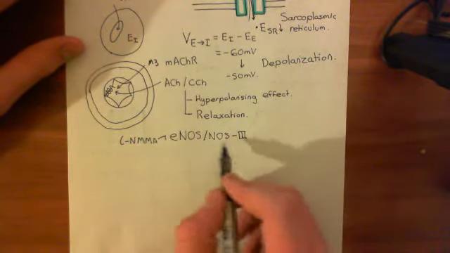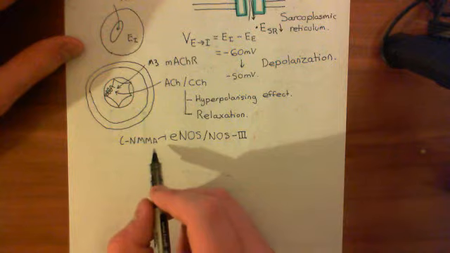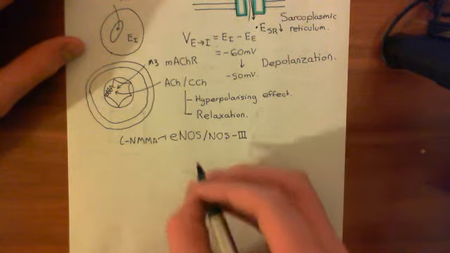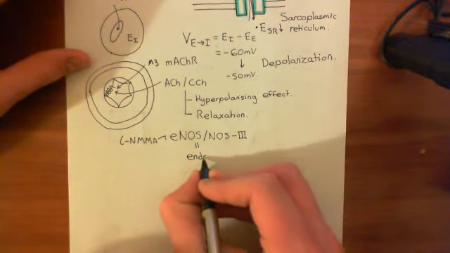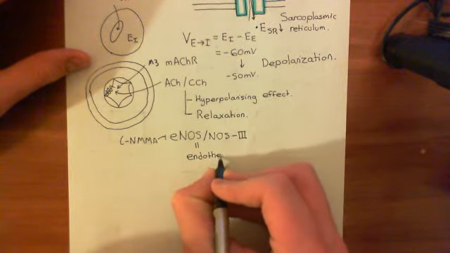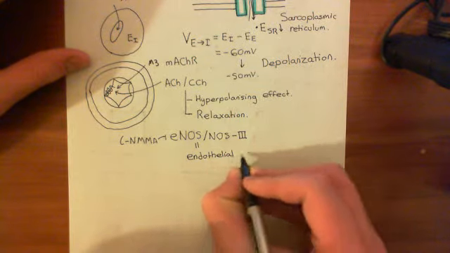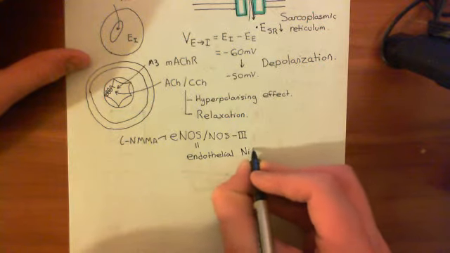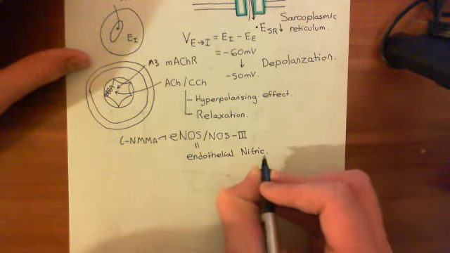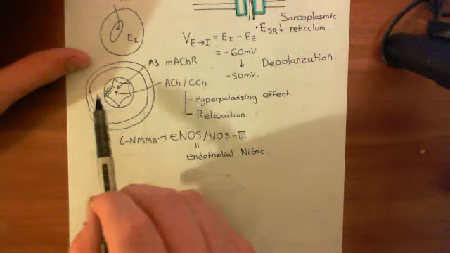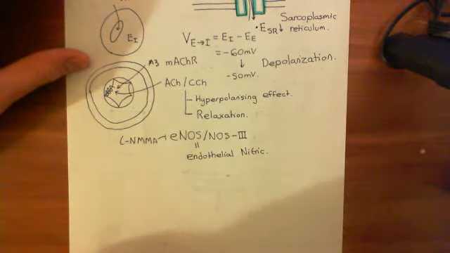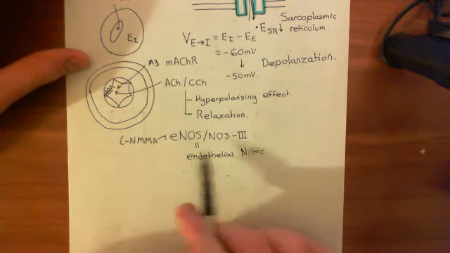So let's discuss NMMA in a bit more detail. eNOS is the endothelial nitric oxide synthase. It is the enzyme that is present in endothelial cells, which upon stimulation of the endothelial cells with acetylcholine or carbachol, or in fact there are other receptors on the endothelial cells which can also stimulate this enzyme.